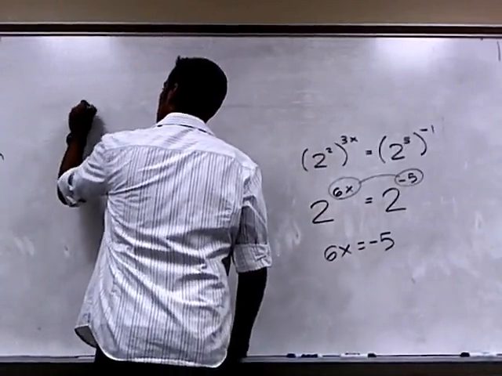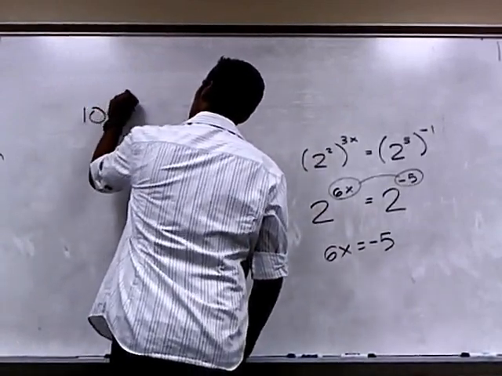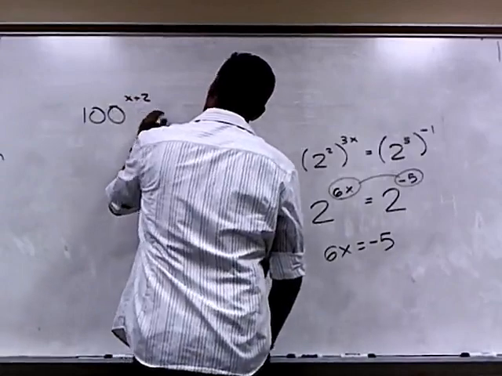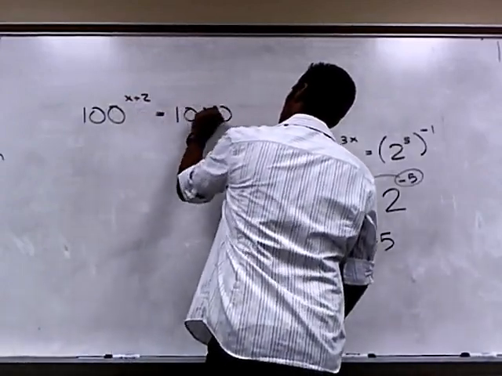How about this? 100 to the x plus 2 equals 1,000.